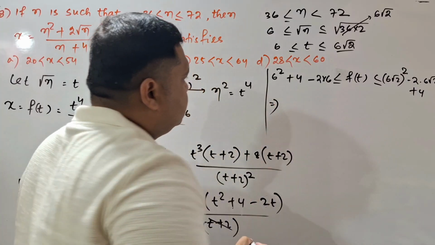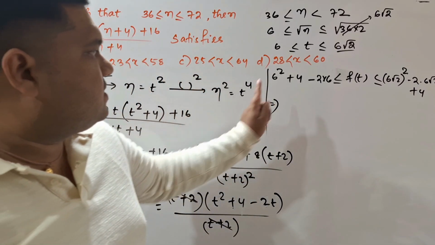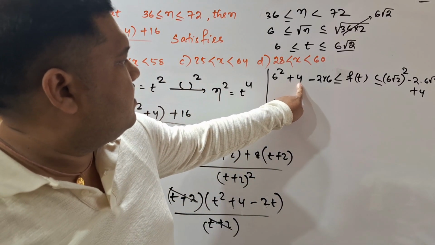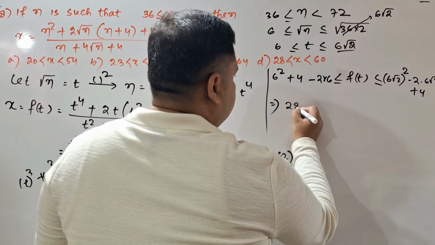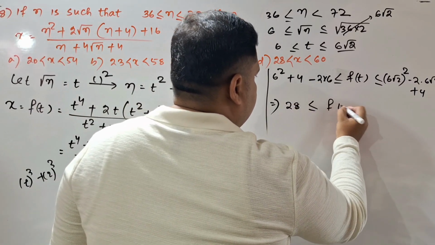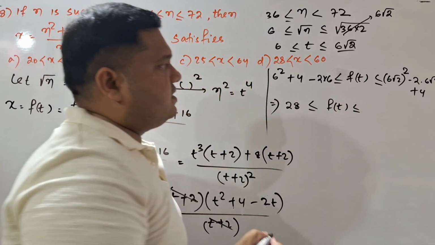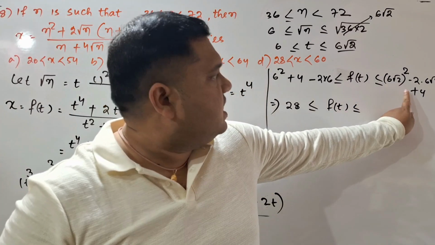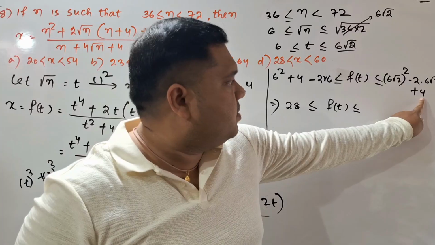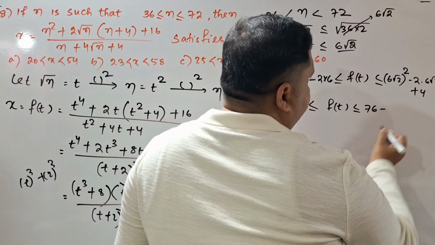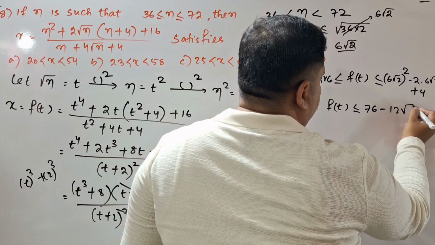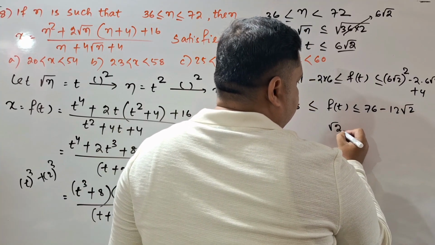So here the value lies within 6 square, 36, 40, 40 minus 12, that is 28. So the function of t lies within this: 6 square 36, 36 into 2, 72, 72 plus 4, 76, minus 12 root 2. And root 2 is an irrational number.